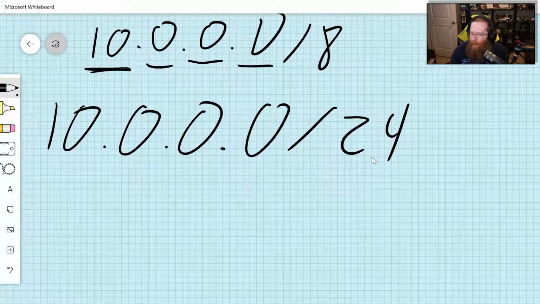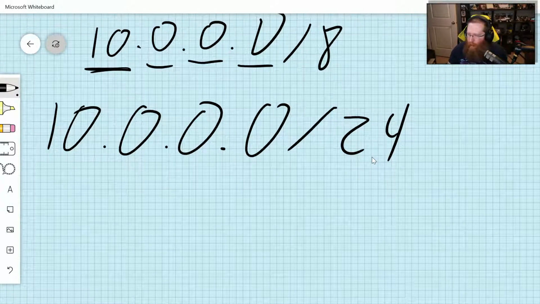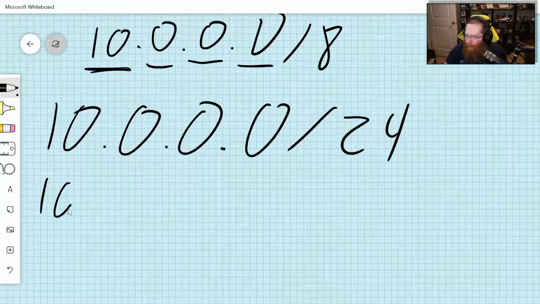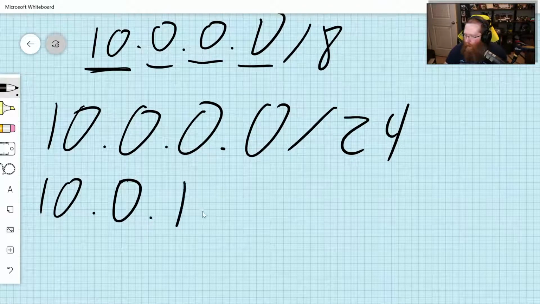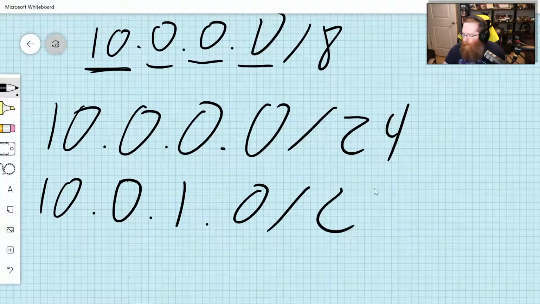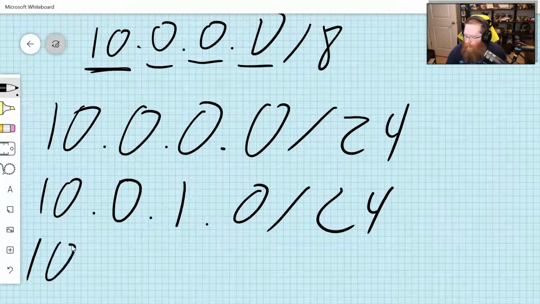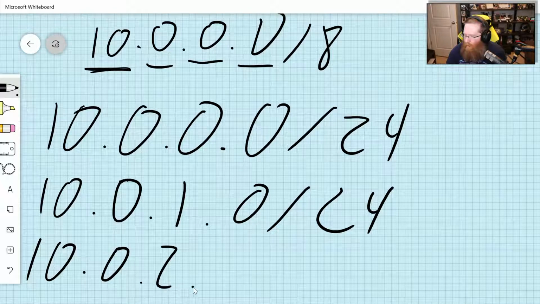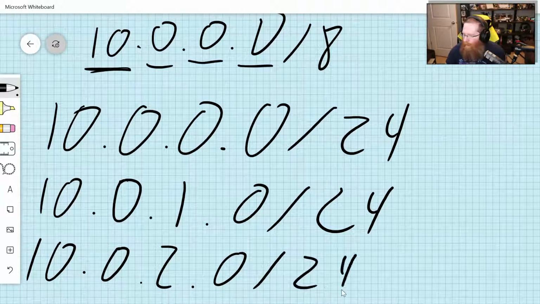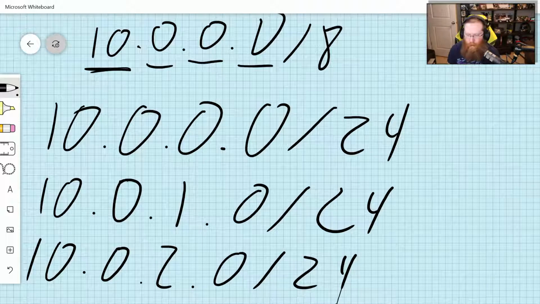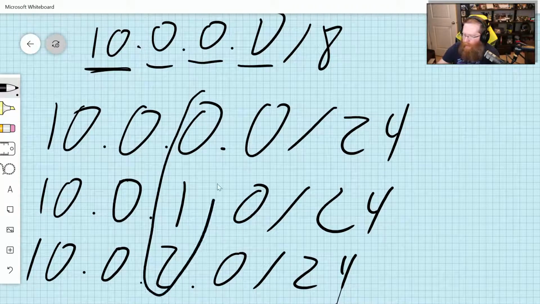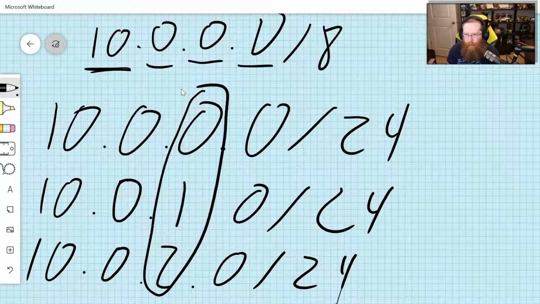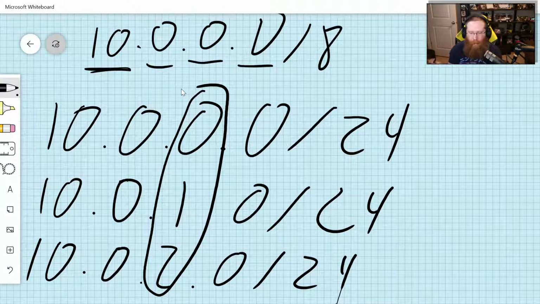If we were to start out with that 10.0.0 and I want to create a /24 right from the get-go, I could build a whole bunch of /24 networks fairly easily without having to do a lot of math. And if you're noticing, I'm only changing octet number 3. Anything 24 and above is going to be in octet number 3. We're going to start out in octet number 3.